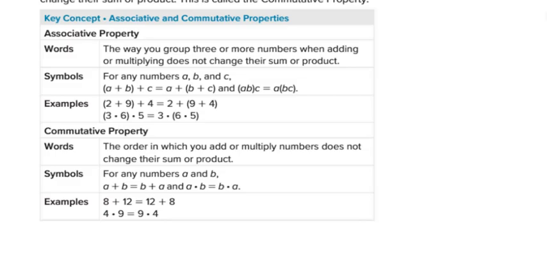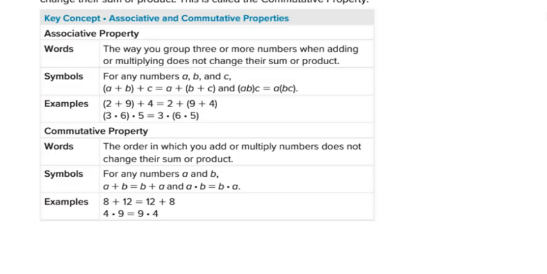So they have 2 plus 9 in parentheses plus 4, which would be 15. Then they have 2 plus, and then in parentheses 9 plus 4. That also ends up being 15. So you get 15 either way, which is what allows you to switch those parentheses around. The same thing can happen with multiplication.